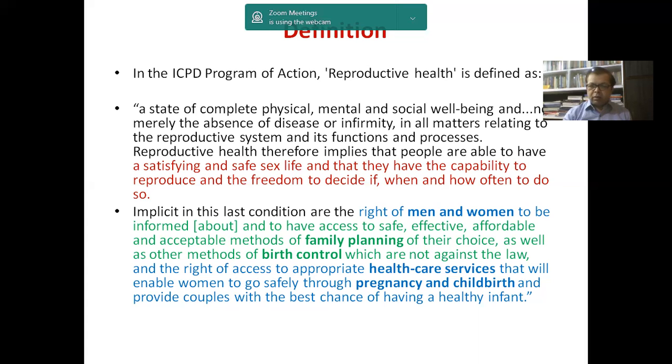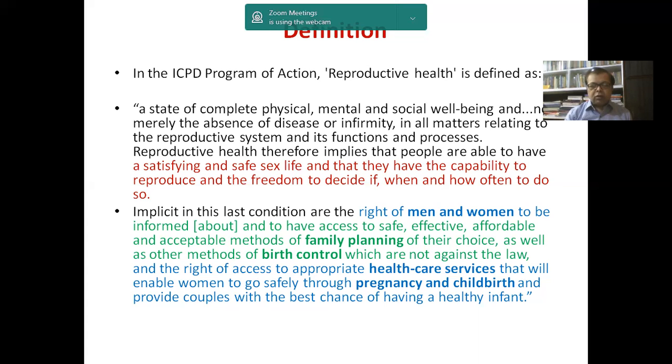So it is very clear here that any measure related to family planning or birth control is primarily a decision of the concerned individual, and their choice should be there. The state should not have a controlling position or dictating position as it happened earlier in India. Also, we have seen such things during the decade of 1970s.